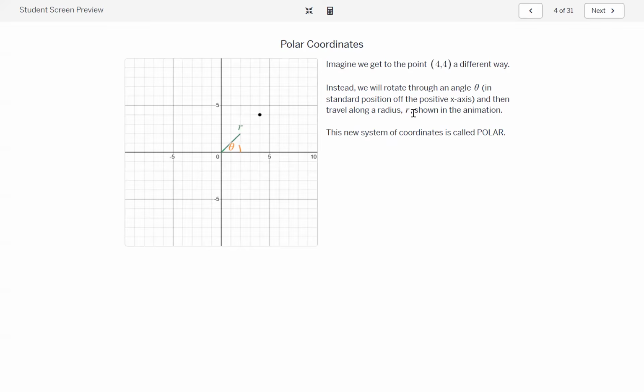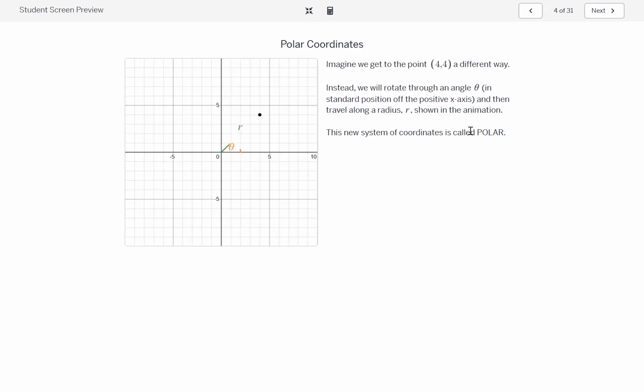Polar coordinates are written r comma theta, but we usually think about the theta first. So you rotate a number of degrees or radians, you turn to an angle direction, and then you move however many units out in that direction.